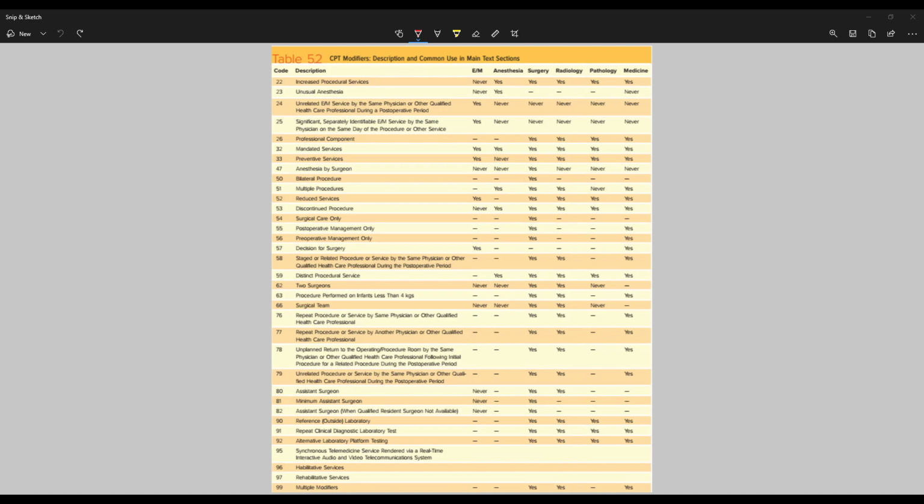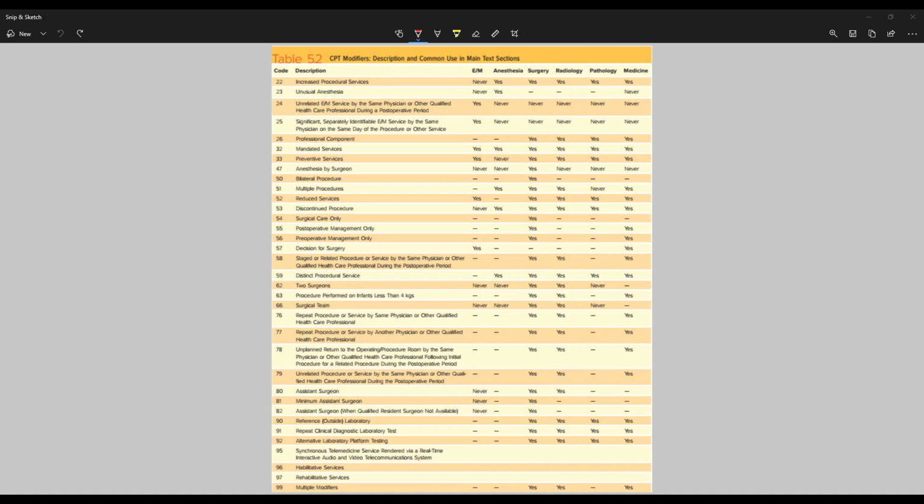Now, moving on to talk about E/M codes. These are incredibly common, as I said. In fact, our standard outpatient services are going to be codes that range from 99201 to 99215.